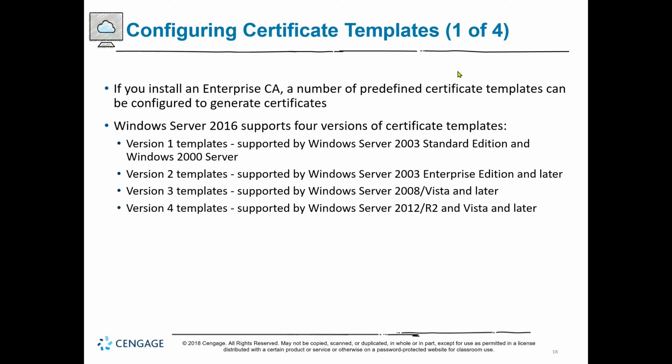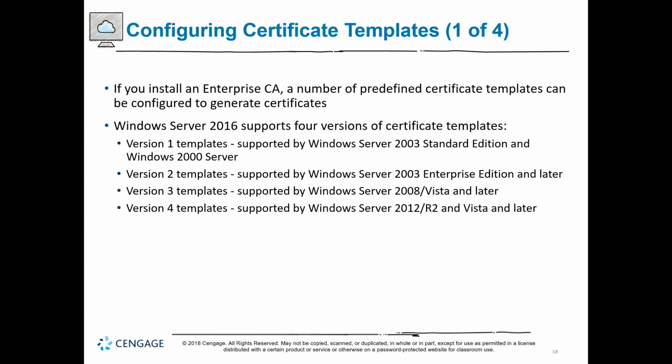Configuring your certificate templates. If you install an enterprise CA, a number of predefined certificate templates can be configured to generate certificates. Windows Server 2016 supports 4 versions of certificate templates. If you look at them, they go up numerically based on the versions of server.